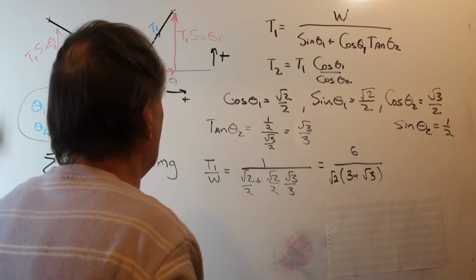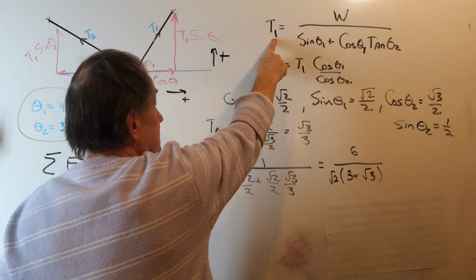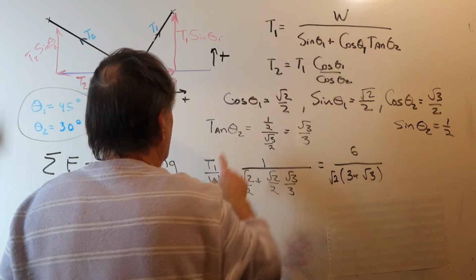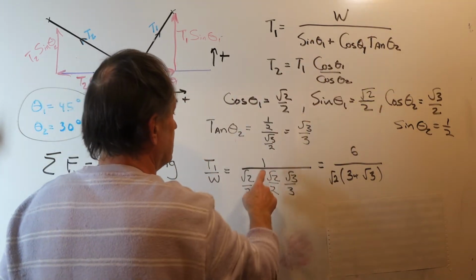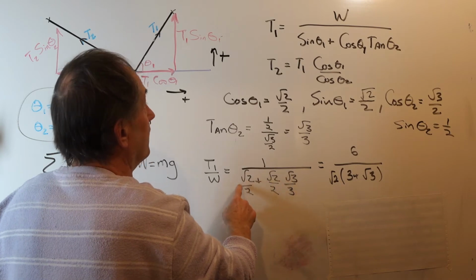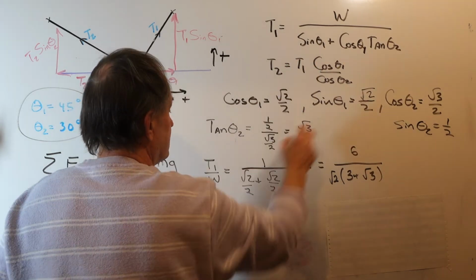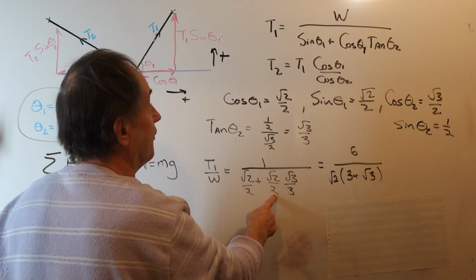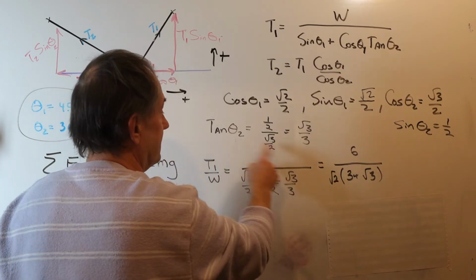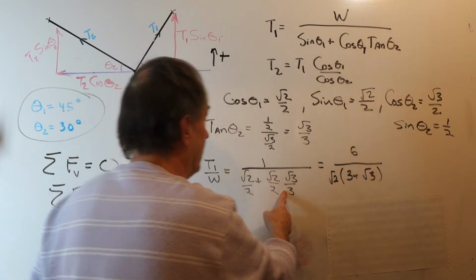Now, for the tension, let's write T1 over W so we don't have to carry the W over on the right-hand side. So this is 1 over sine of theta 1, which is square root of 2 over 2, plus the cosine of theta 1, square root of 2 over 2, times the tangent of theta 2, which is square root of 3 over 3.